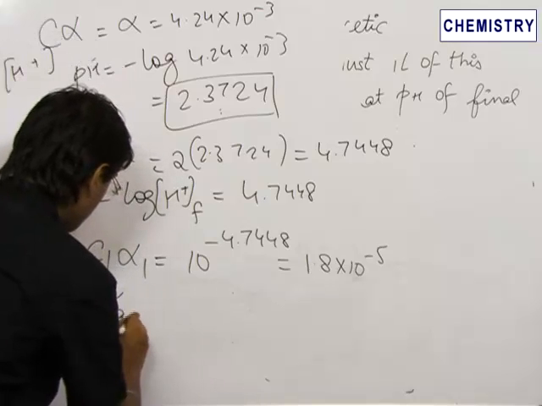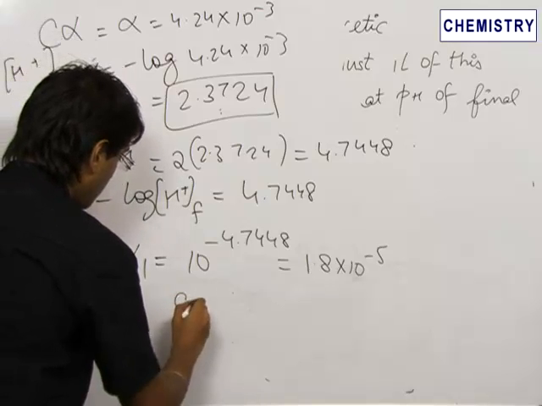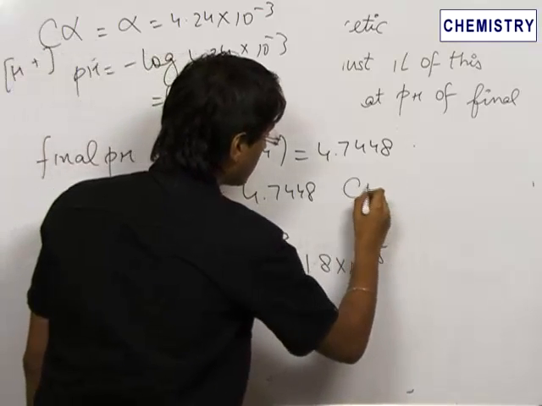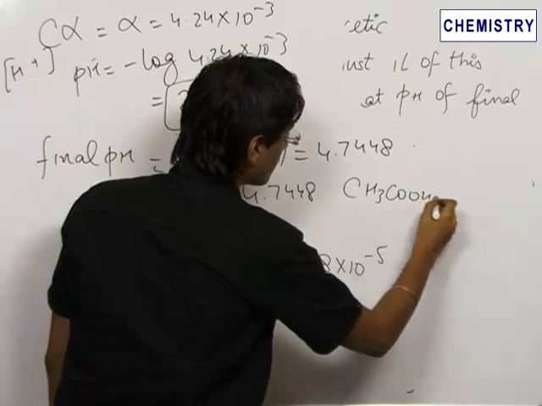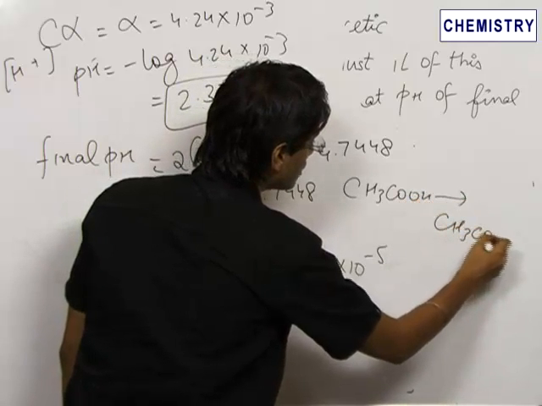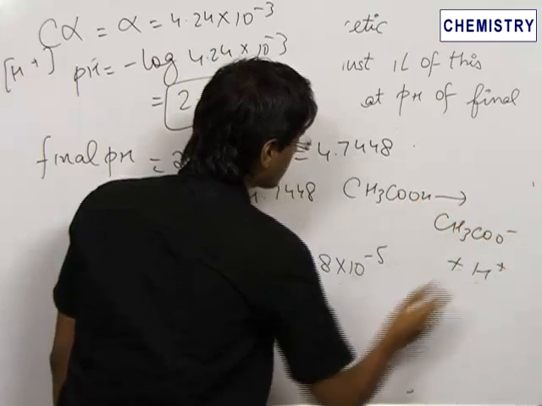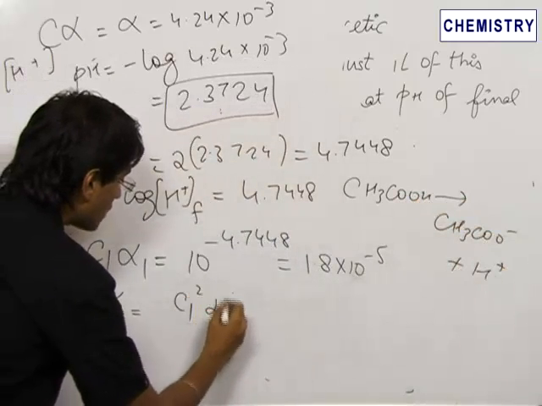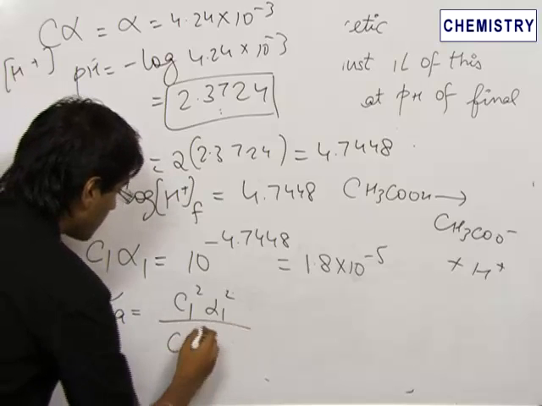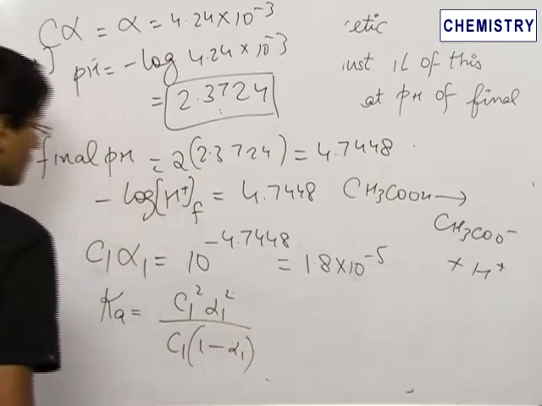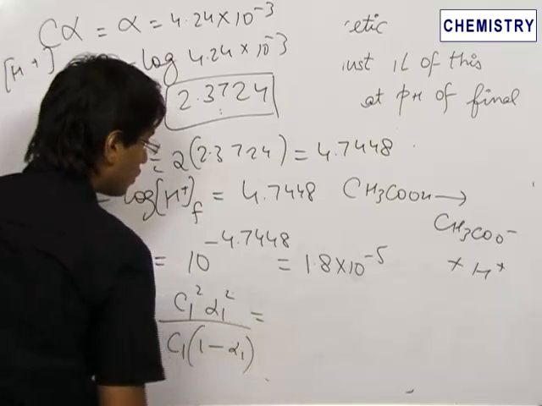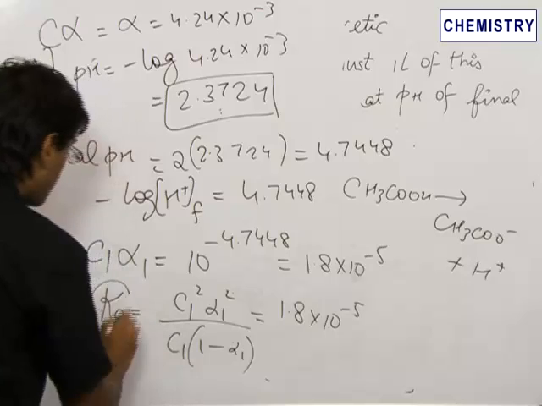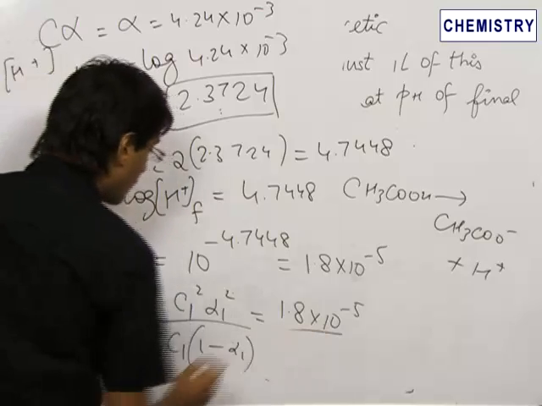Now our Ka, writing the equation again, CH3CO2H giving CH3CO2- plus H+, is C1² alpha 1² divided by C1(1 - alpha 1), and this is equal to 1.8 × 10^-5, since the value of Ka is given to be 1.8 × 10^-5.